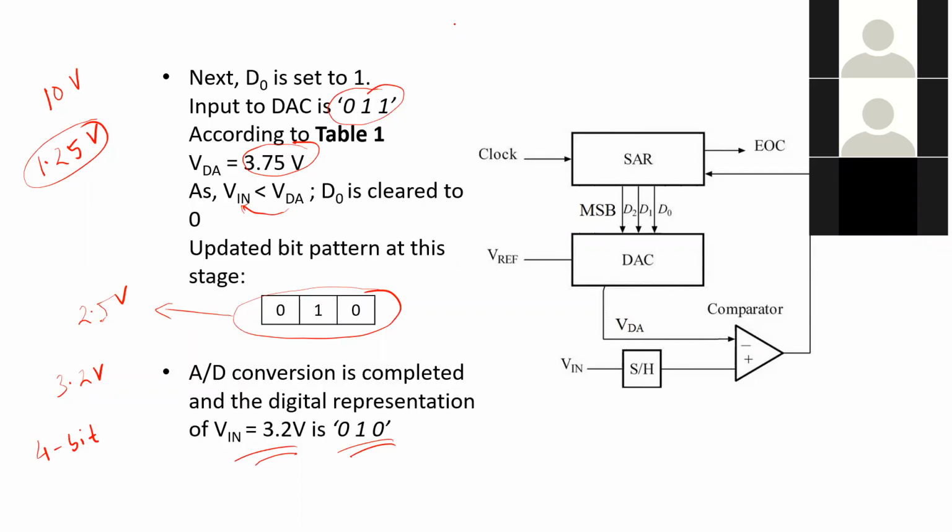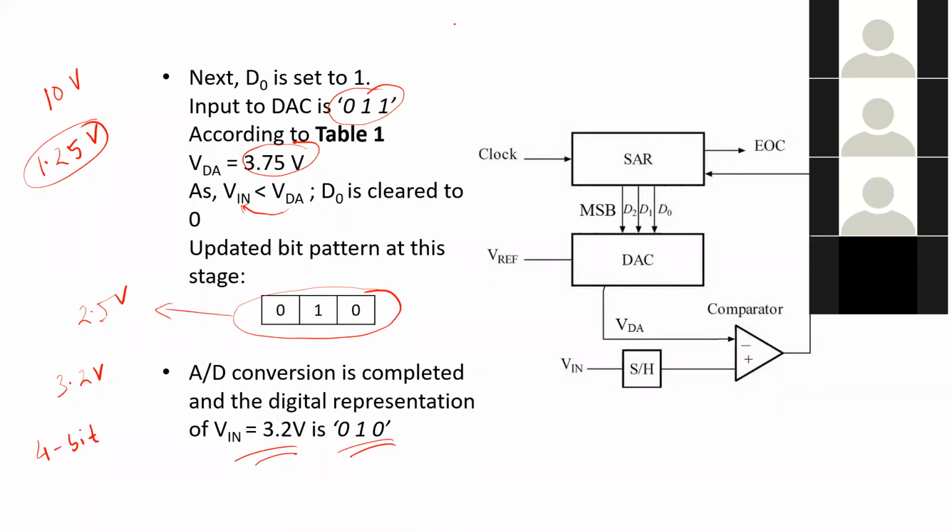Did you get my question, anyone? No, sir. I'm saying that in order to increase the accuracy or reduce the quantization error, suppose here I have discussed about 3-bit ADC.